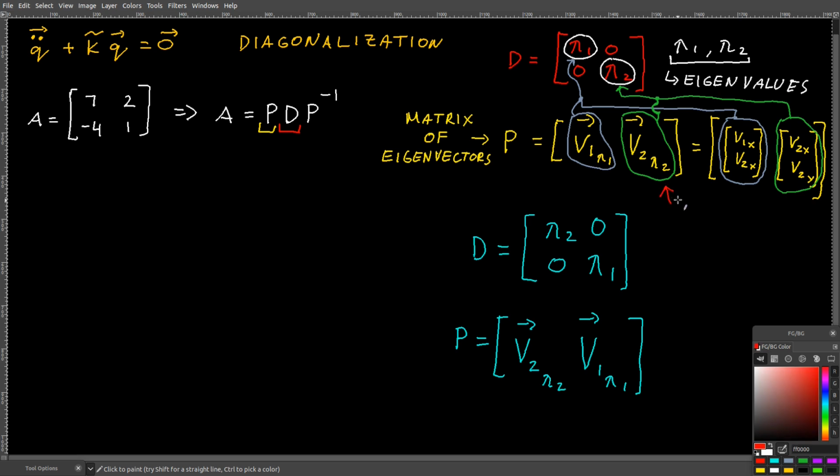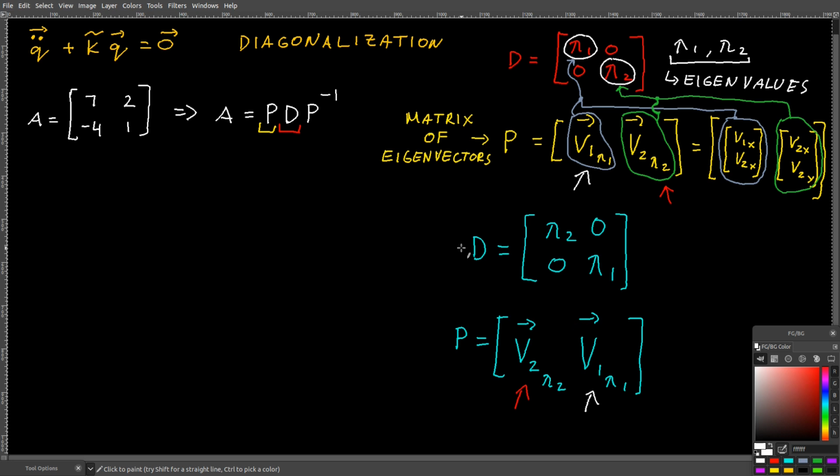So the eigenvector that I had here will now be here, and then this one here would have to move right here. It's important that you pay attention to this little detail. If you mix up the order, diagonalization will not work.